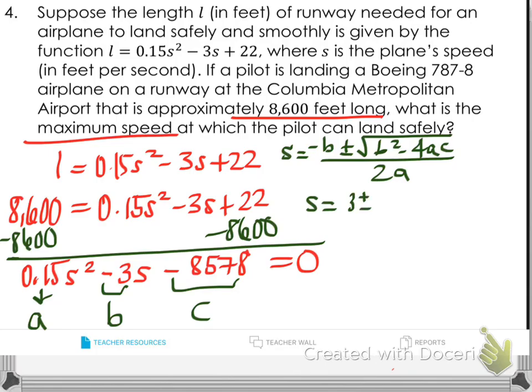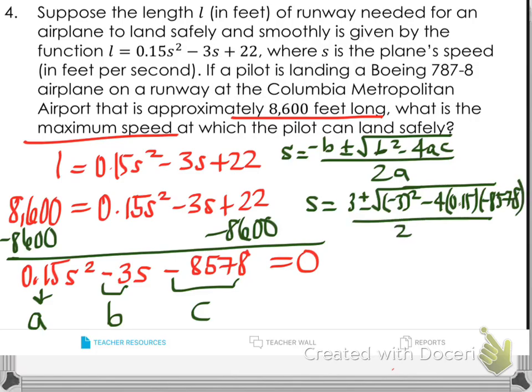So 3 plus or minus the square root of negative 3 squared minus 4 times a, which is 1/500, and then times c, which is negative 8,578. Alright, and that's going to be divided by 2 times a, which is 2 times 1/500.